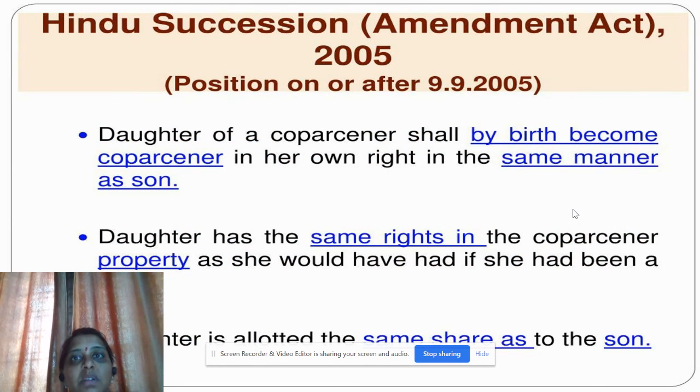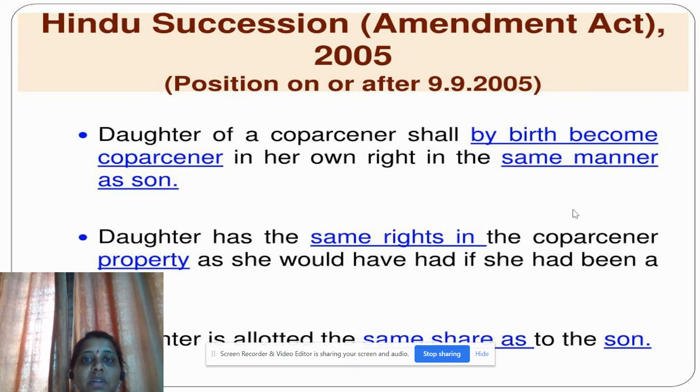Now, the Hindu Succession Act, like we were talking about. What is that act? Earlier there was a rule that only the son would get the father's property.